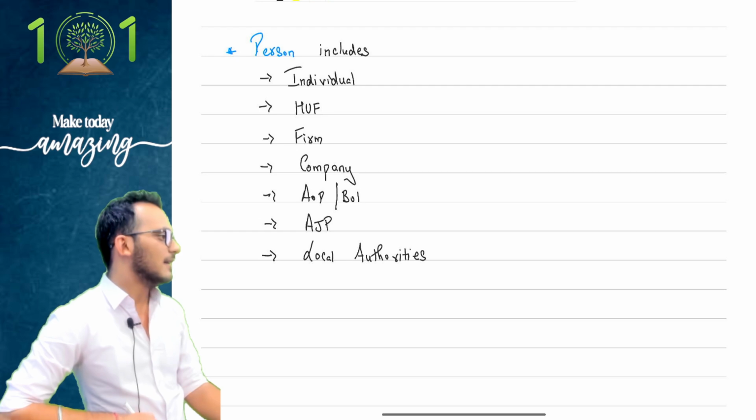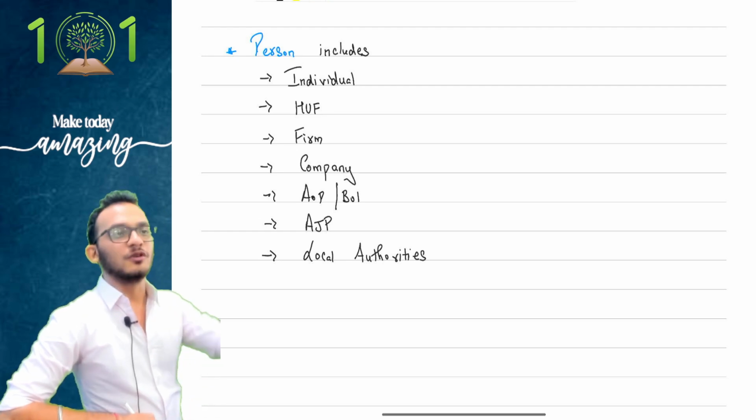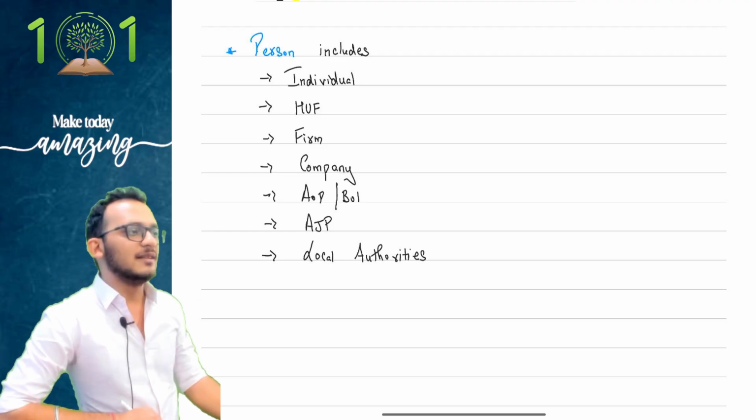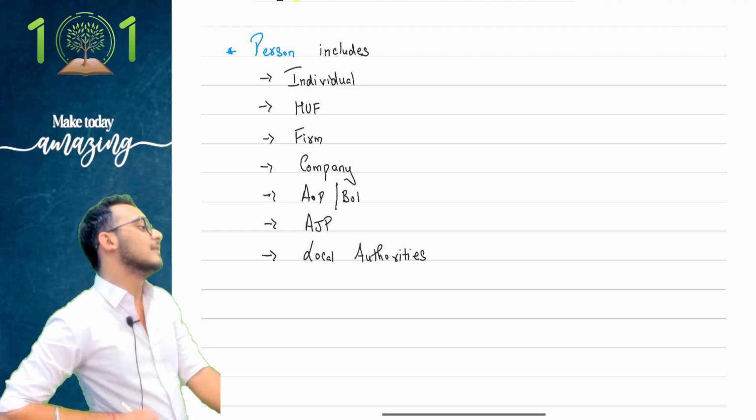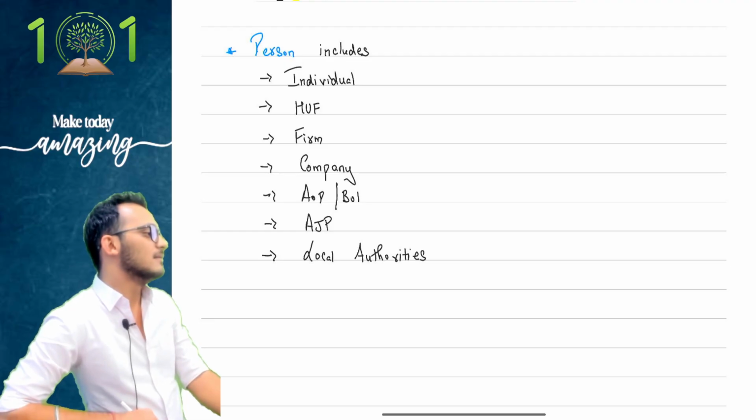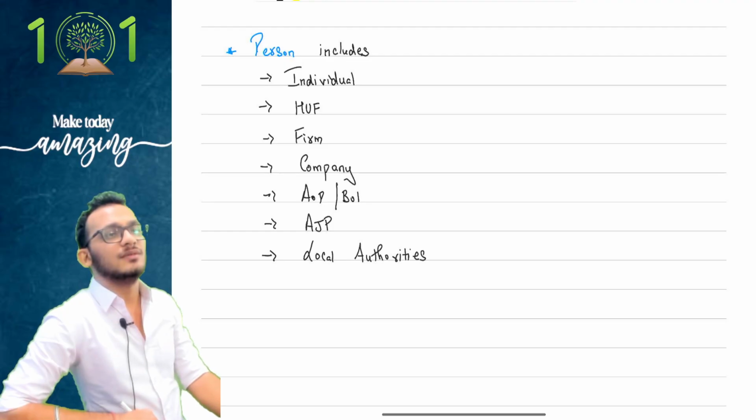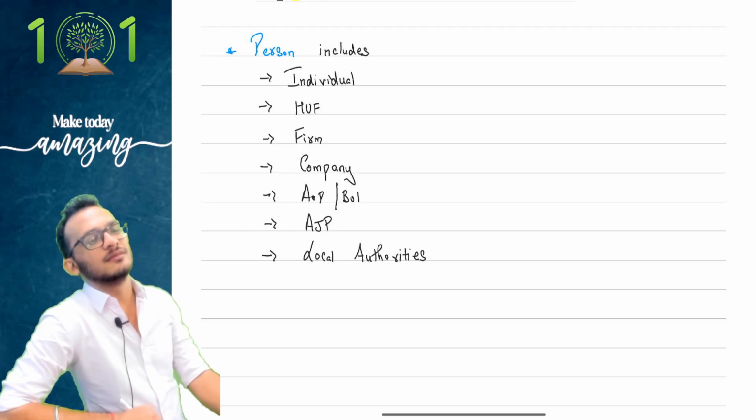What is a Hindu undivided family? चलो छोड़ो. How do you create a Hindu undivided family? कितना चाहिए, 1 रुपया, 2 रुपया, 10 करोड़?